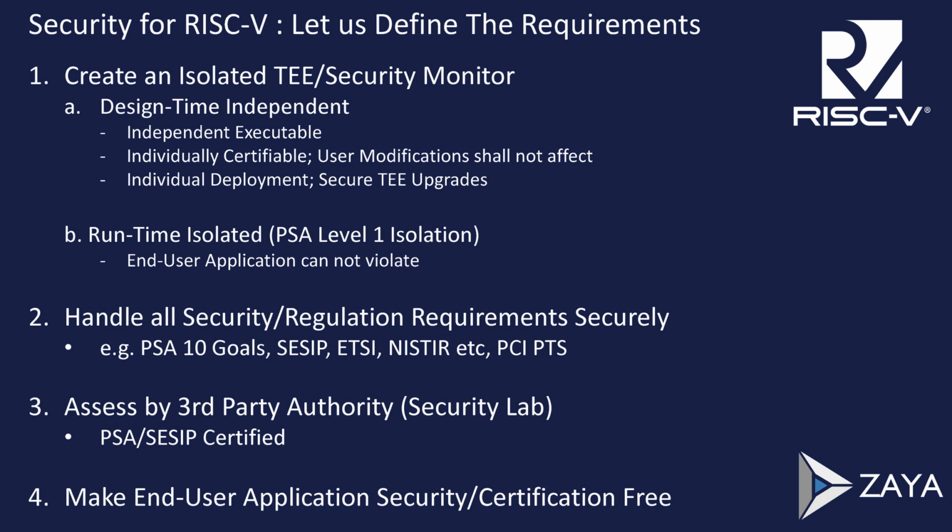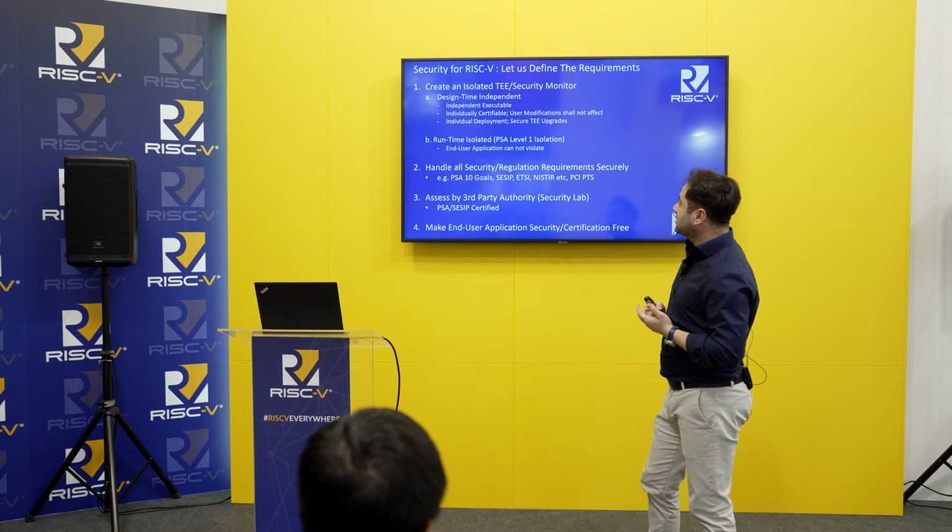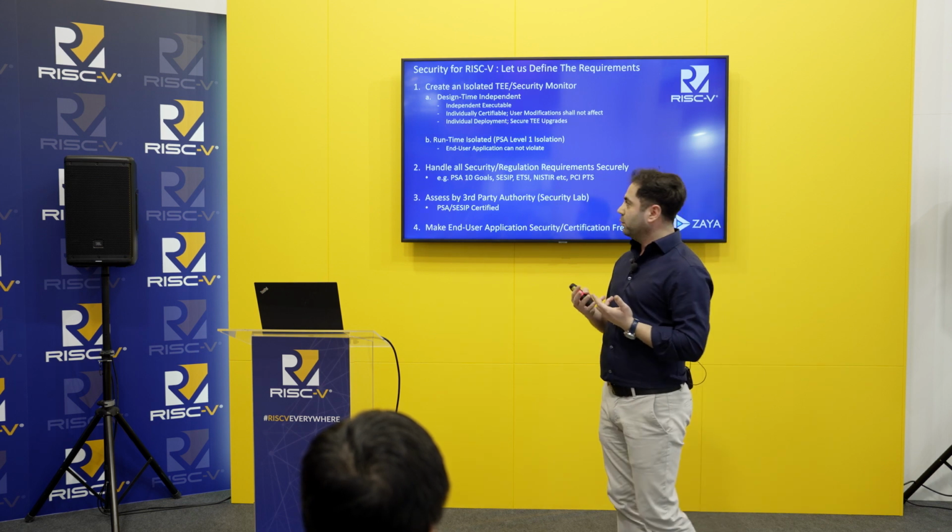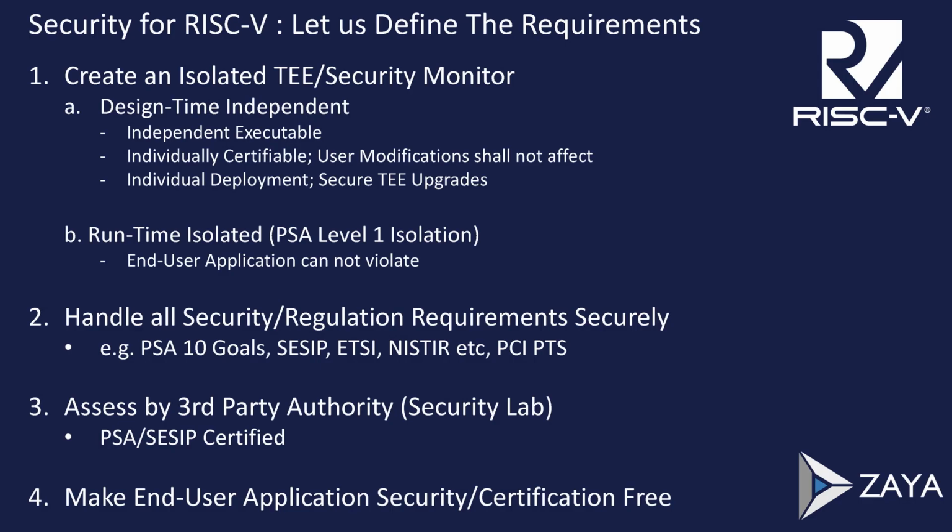I would say there could be two different requirements for it. For example, it must be design time independent. Here I mean independent executables. If you have a security solution, it should be independent from the user space application, because when you update an application or user space execution, it shouldn't affect the TE on RISC-V.